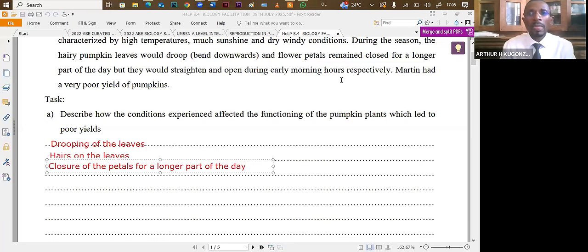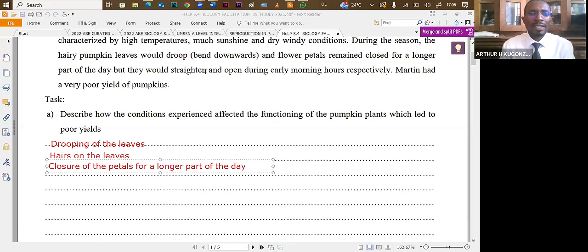I'll continue reading. But they would straighten and open respectively. So what is straightening and what is opening? At the start of this session, we explained that it is the leaves that straighten, then it is the petals that open during early morning hours.